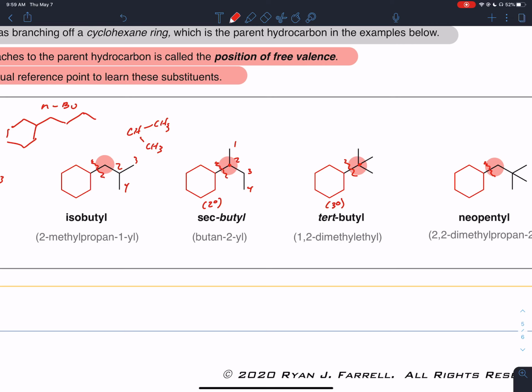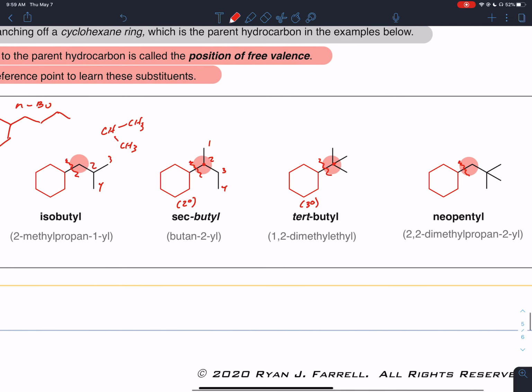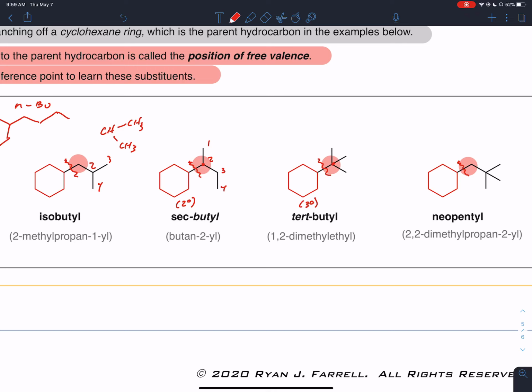It's a tertiary carbon that is connected to the parent hydrocarbon. We have a tert-butyl group, a total of 1, 2, 3, 4 carbons. We also call this a t-butyl group, or you might see s-butyl as the abbreviation for a sec-butyl group. Tert-butyl groups will be really, really important.